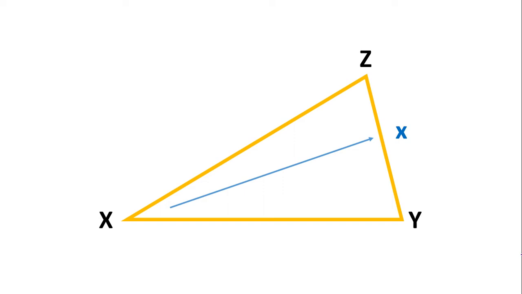Similarly, right opposite to the angle at my capital Y, the length is my small y. Similarly, right opposite to the angle at my capital Z, the length is my small z.